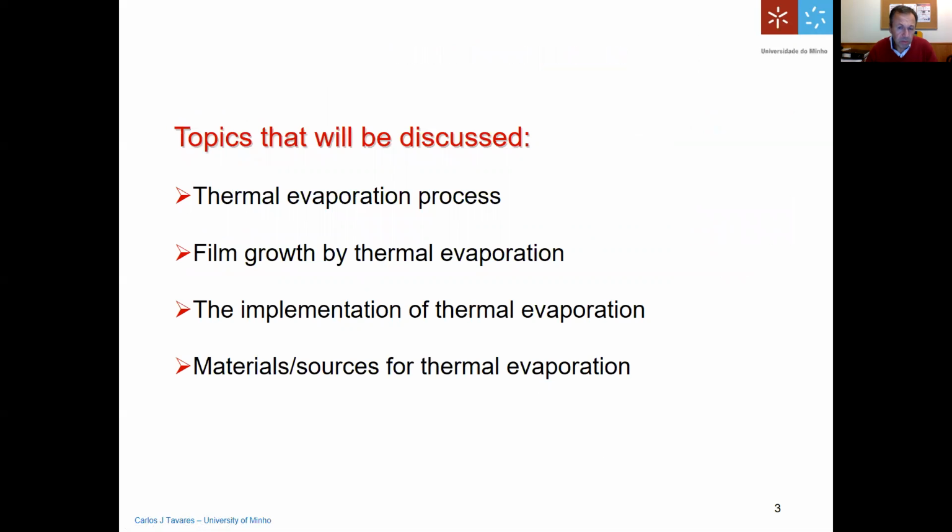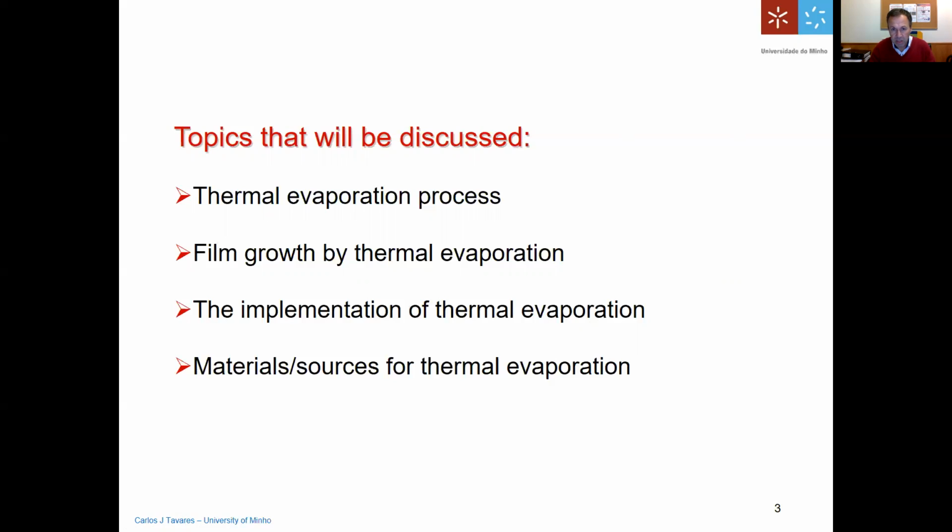So the topics that will be discussed in this talk will involve thermal evaporation processes and film growth by thermal evaporation. In the first chapter, I have given you an insight on thin film growth. And basically, this thin film growth has the same understanding whether it is grown by thermal evaporation or by sputtering or by chemical vapor deposition, atomic layer deposition.